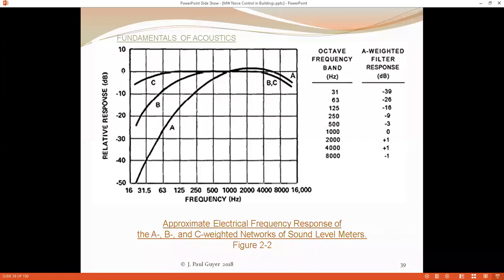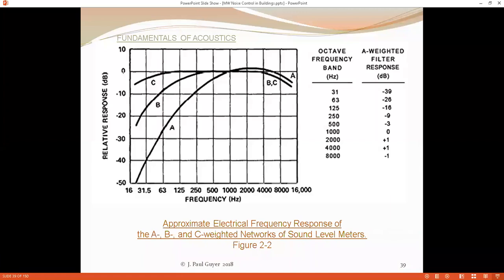The reason is that although the human ear perceives sound at those low frequencies, it's not too bothered by it. So the sound level meter filters a percentage of that out and discards it.